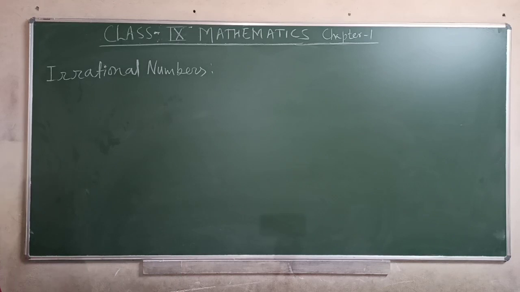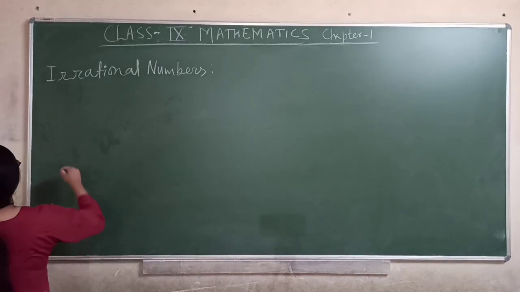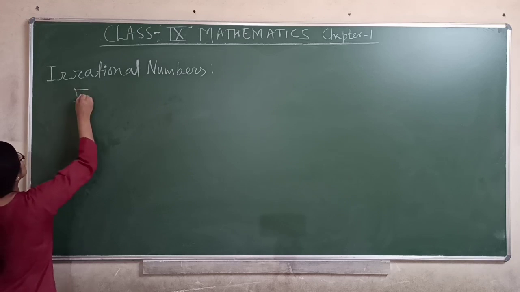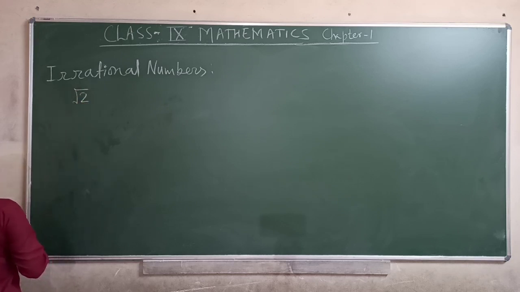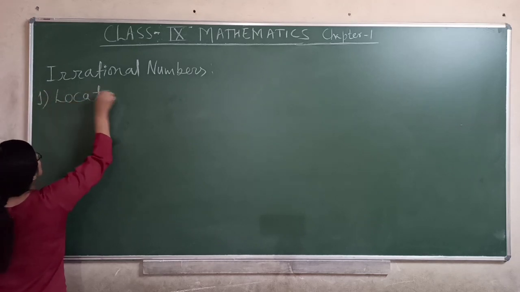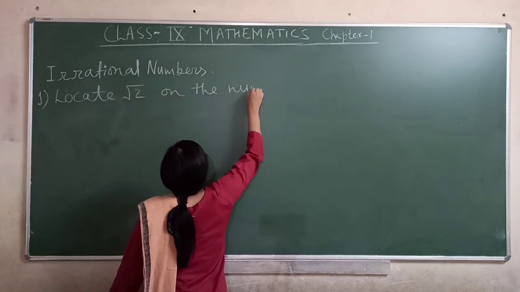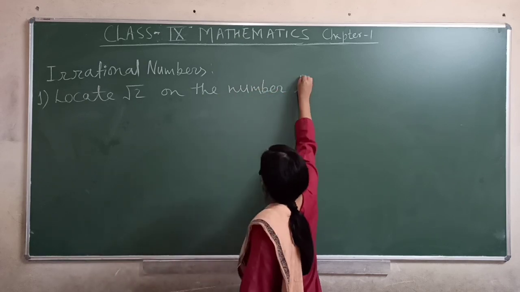Generally roots and cube roots are irrational numbers. The question will be like that: locate root 2 on the number line.